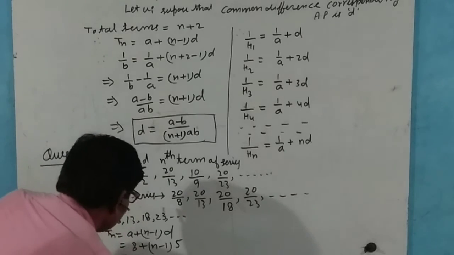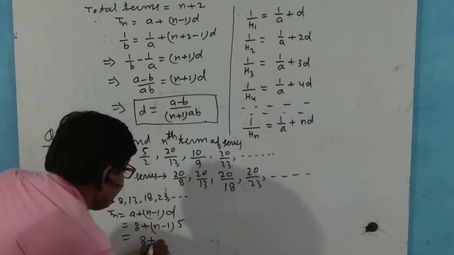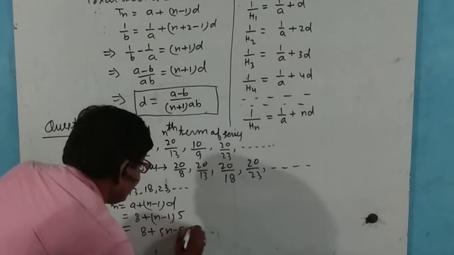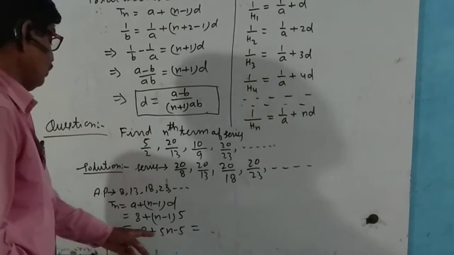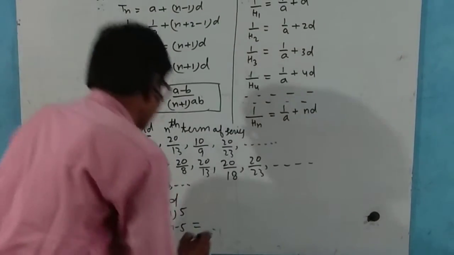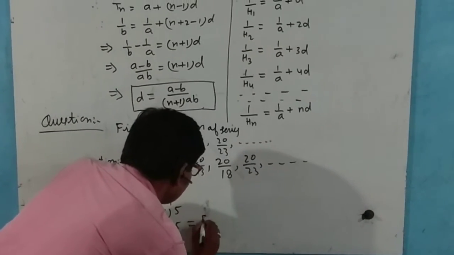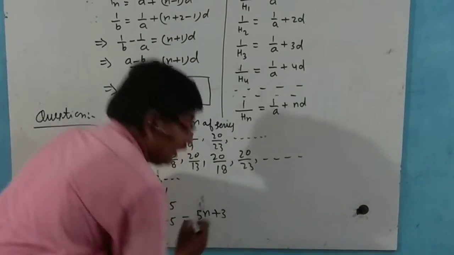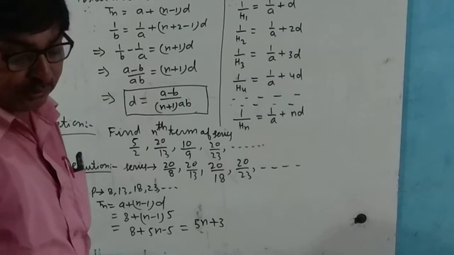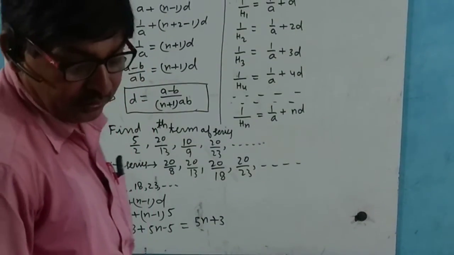This will be equal to 8 plus 5n minus 5, which becomes 5n plus 3.